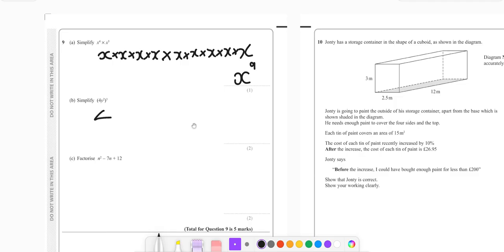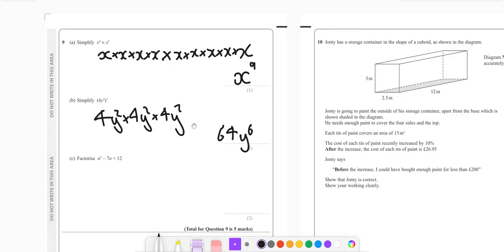Okay, this is 4y squared times 4y squared times 4y squared. So that's going to be 4 times 4 times 4, that's 64. And without writing all the y's out, you can see you've got y squared times y squared times y squared, so you can have 6 of the y's, so you can have y to the power 6.